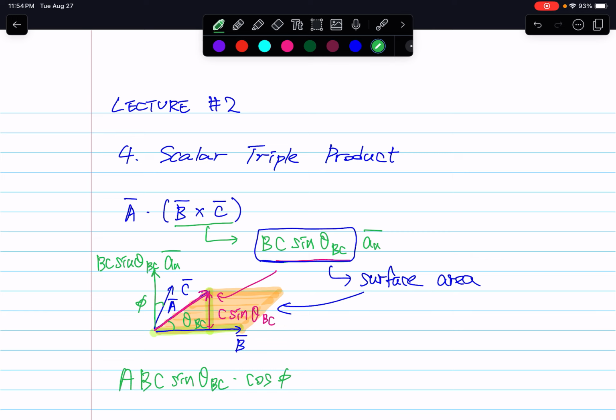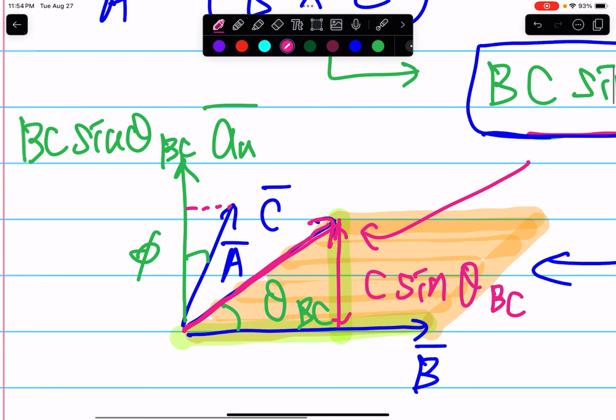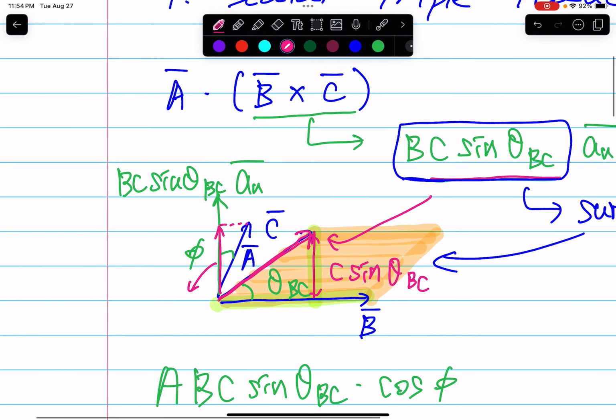And you can see that A cosine pi is the length shown here. So if you think about A cosine pi, it's this length here. If I zoom in, this is A cosine pi, this guy right here.